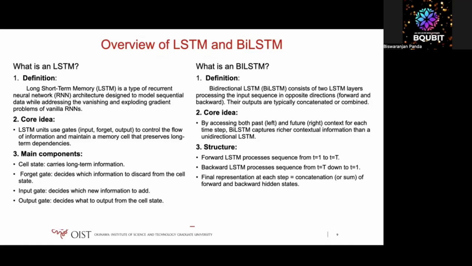Here we are using a Bi-LSTM model, so I want to explain the Bi-LSTM model also. A Bi-LSTM model is nothing but two LSTM models in reverse directions. What do you mean by reverse direction? Initially we use from 1 to t, from past to current, then in reverse, from future to past.